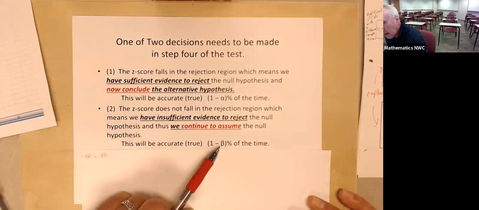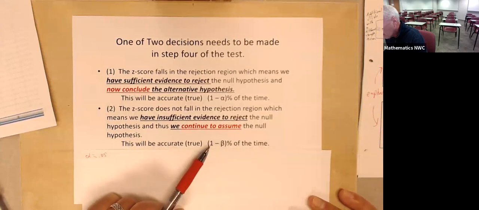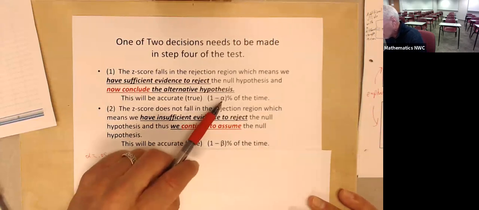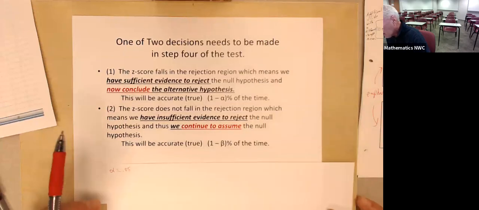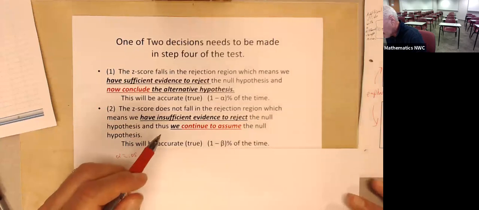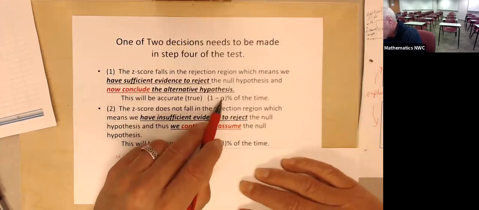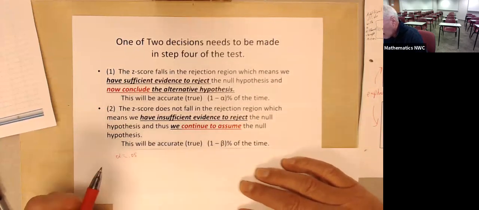We haven't talked about beta yet, but beta is the probability of making a type 2 error. You remember that alpha up here was the probability of making a type 1 error. This type 1 error was more serious than a type 2 error. It's also super important you recognize that these two, alpha and beta, are not, I repeat, are not complements.